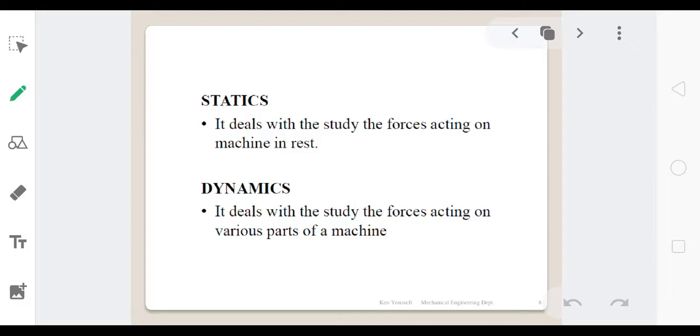Any machine in running condition is subjected to some forces because of motion. When we study these forces acting on the machine which is in motion, that part is basically called dynamics.